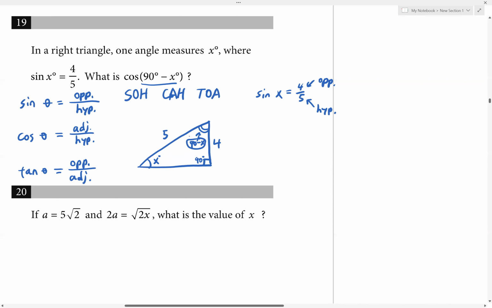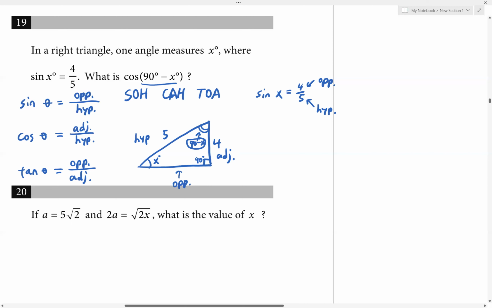Cosine is adjacent over hypotenuse. The adjacent side for this angle is the 4, because this is right next to the angle. And 5 is still the hypotenuse. Now the bottom side will be the opposite side, because we're looking from the top angle.